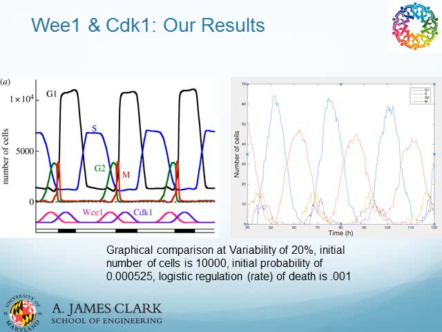This all occurs from Wee1 and CDK1 based off the circadian pattern of the light and dark transitions. The line at the very bottom of the figure on the left, the white is light and the black is dark. This will become a key component for our 5FU model, which we will describe.